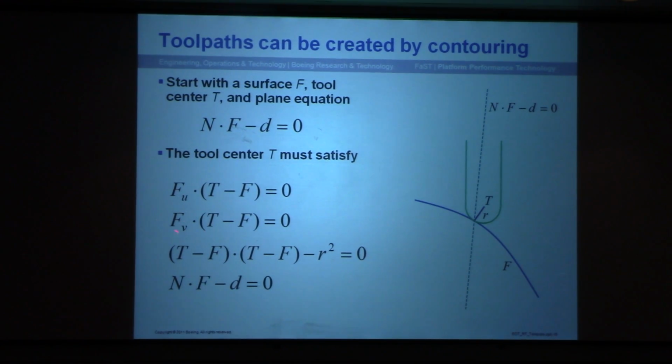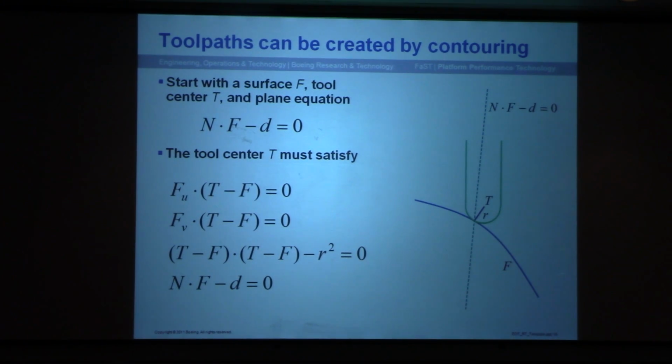In fact, it has to be perpendicular to both vectors in the tangent plane. The distance from the tooltip center, squared anyway, has got to be equal to the square of the cutter radius. And the plane has to be the desired plane.